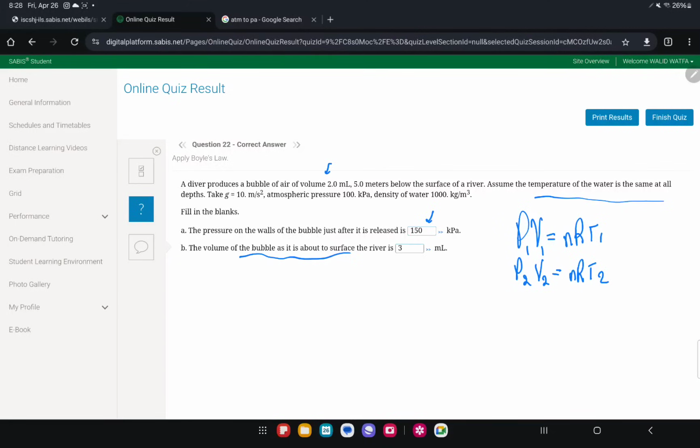They said the temperature is the same, so T cancels with T, R always cancels with R, and n cancels with n since n is not mentioned. So you're going to get P1V1 equals P2V2.